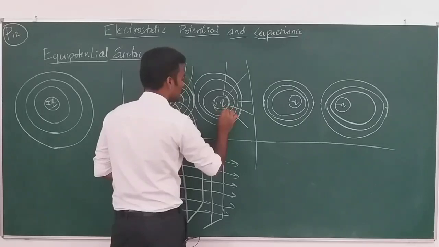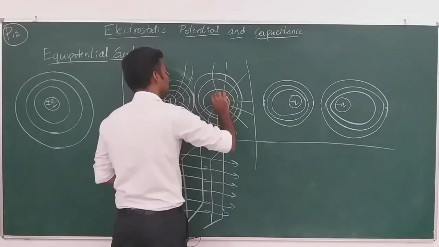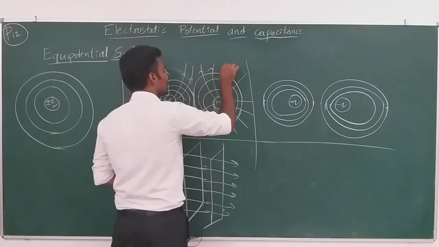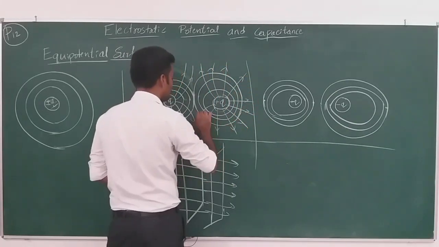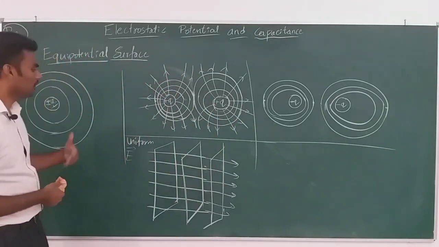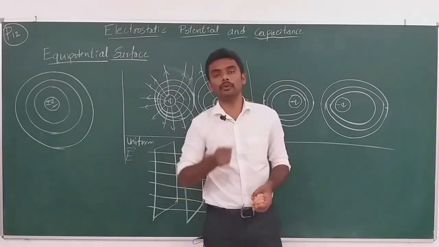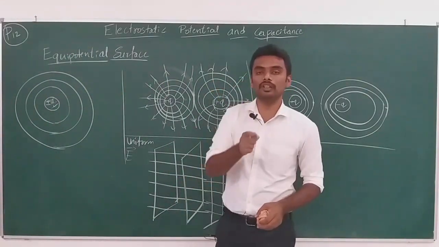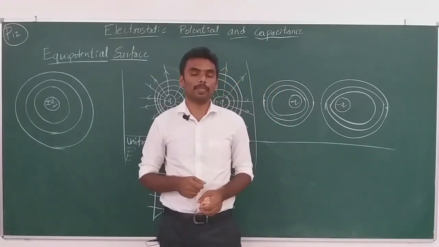So electric field lines are normal to the given equipotential surface. This is the second property. And there are a few more. It takes no external work to move a charge on an equipotential surface.